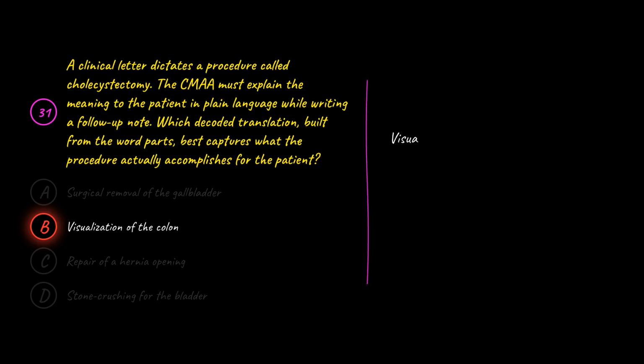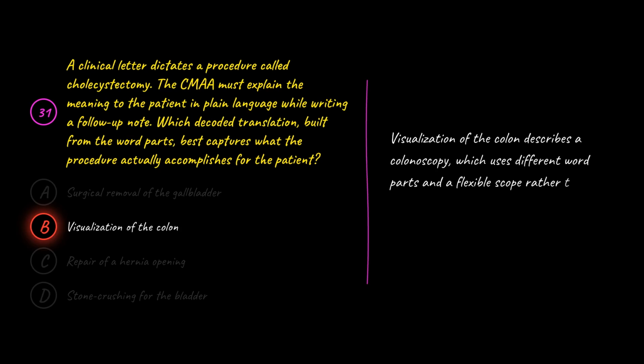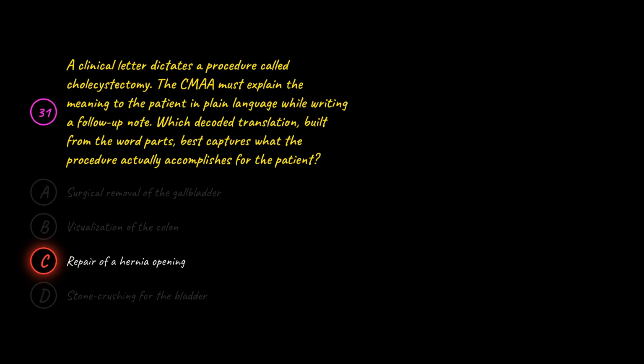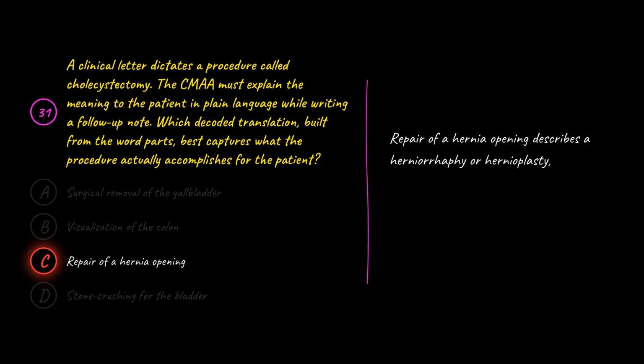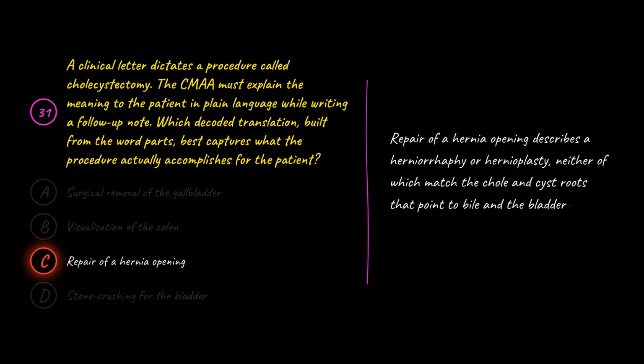B is wrong because visualization of the colon describes a colonoscopy, which uses different word parts and a flexible scope rather than the surgical removal indicated by the suffix ectomy in the dictated term. C is wrong because repair of a hernia opening describes a herniorrhaphy or hernioplasty, neither of which match the chole and cyst roots that point to bile and the bladder-shaped gallbladder structure.